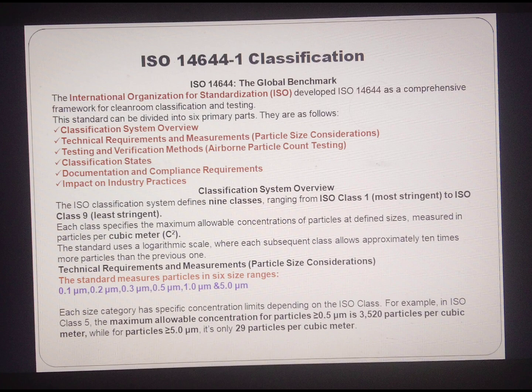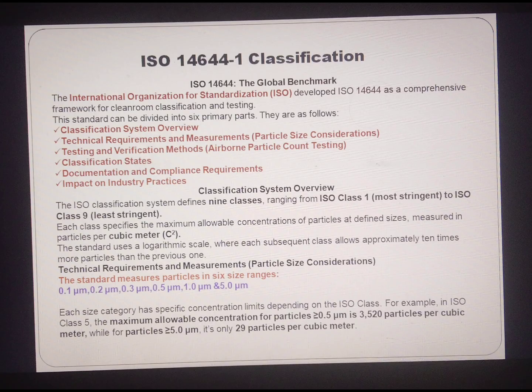Technical requirements and measurement, that is the particle size consideration. The standard measures particles in 6 size ranges: 0.1 micrometer, 0.2 micrometer, 0.3 micrometer, 0.5 micrometer, 1.0 micrometer and 5.0 micrometer.